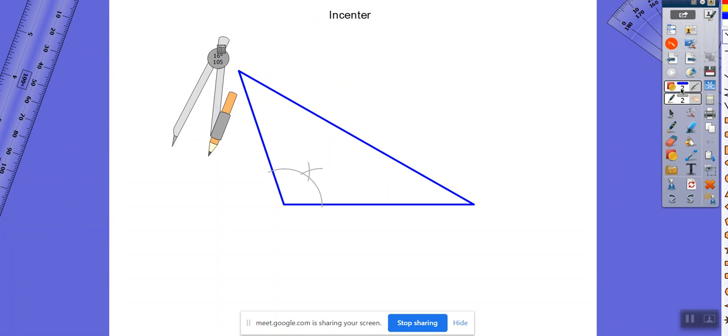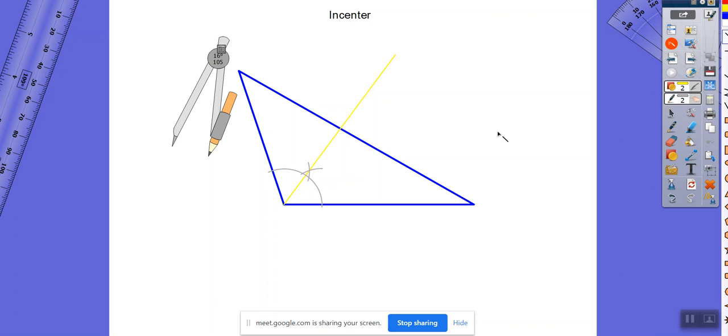And then I am going to create a line using my straight edge that goes from the vertex through the intersecting arcs, and I'm going to extend it.